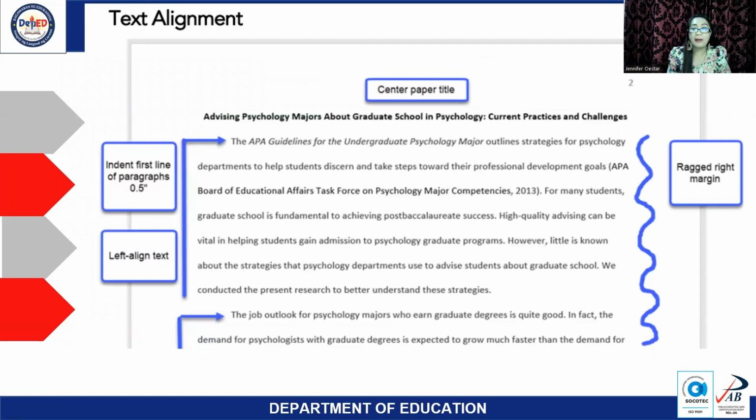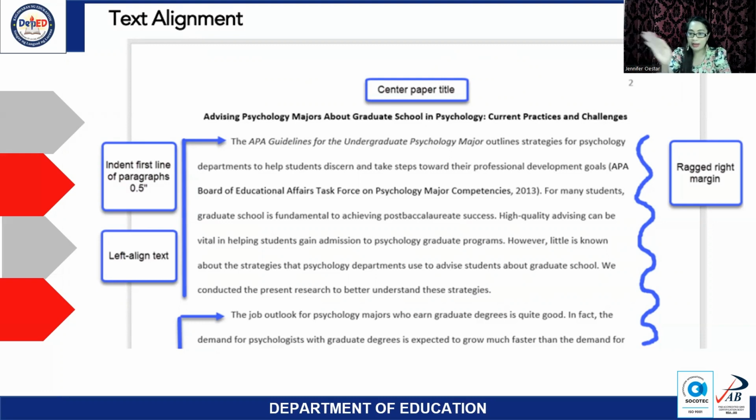For the text alignment, it should be center paper title and title case. And then first line of paragraph 0.5, left align text and ragged right margin. It's not justified as what we are always doing.